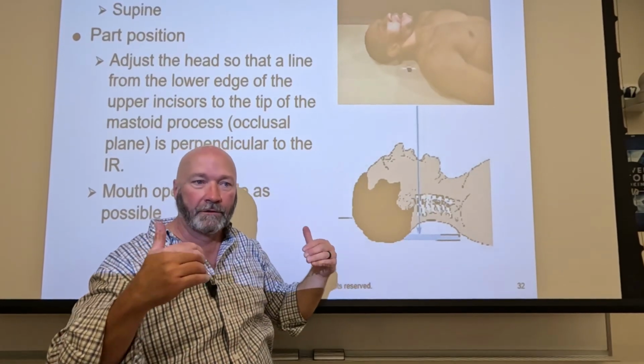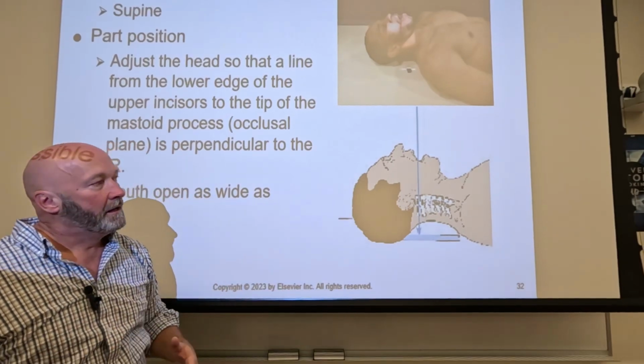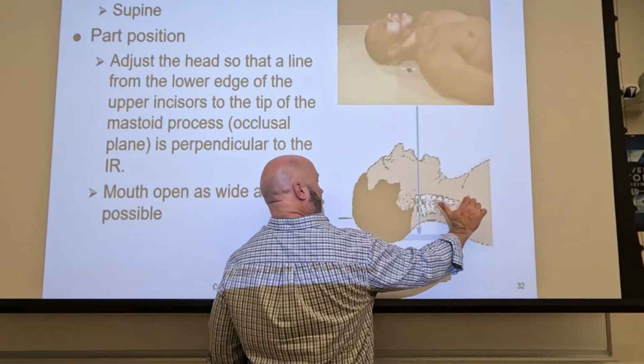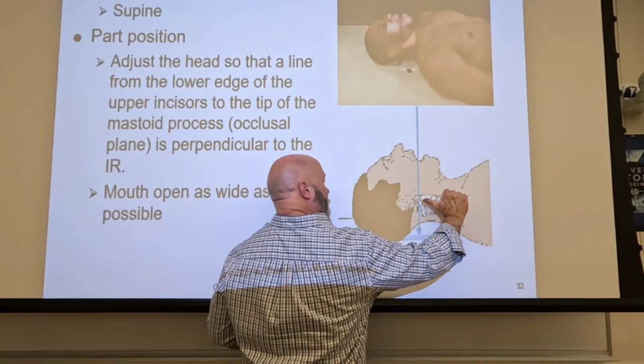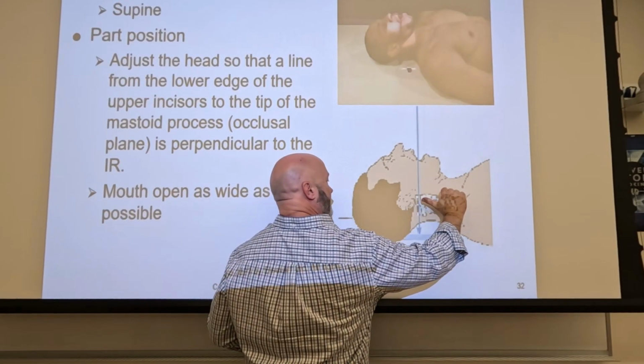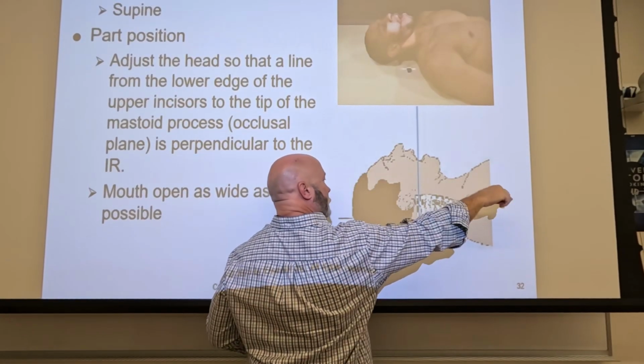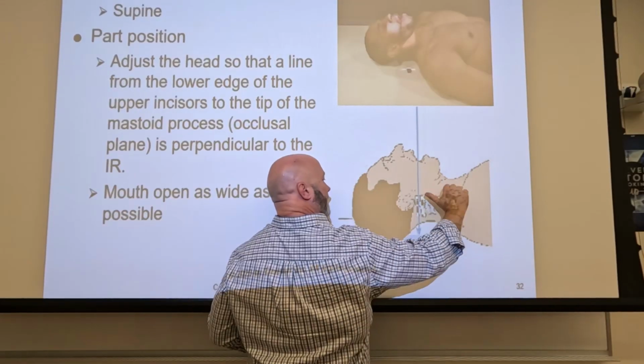You're trying to line those up perfectly, okay? So now imagine, let's see if I can get out of the way. Our odontoid process is right there, let's say. Now if his chin is tucked, his chin goes that way, and his teeth are right here.